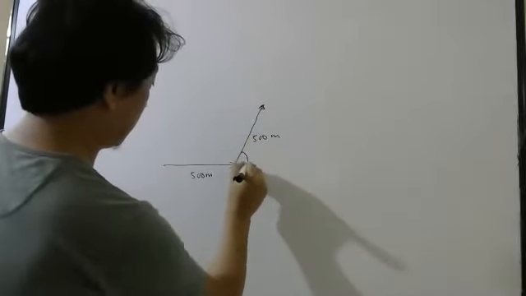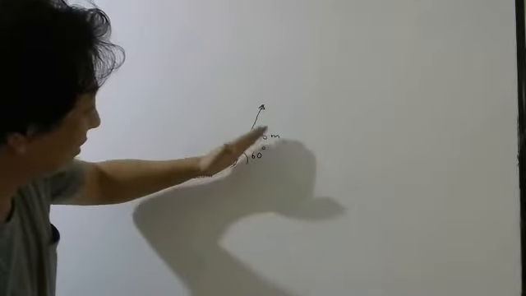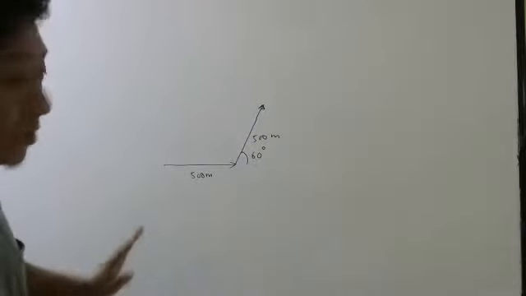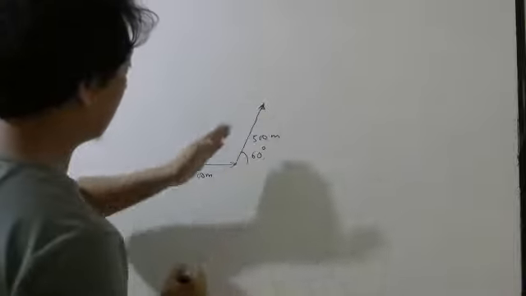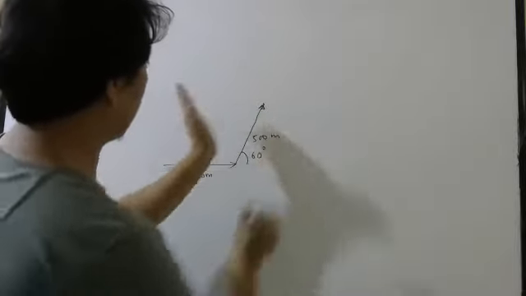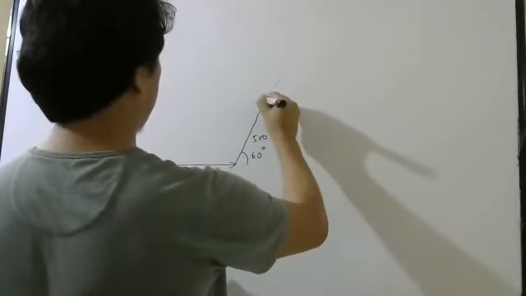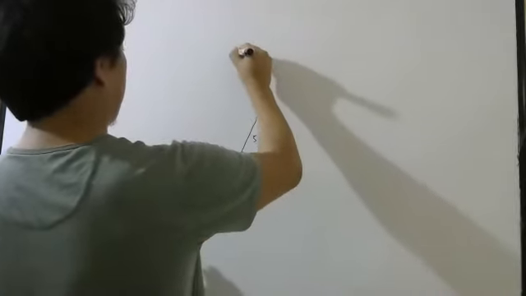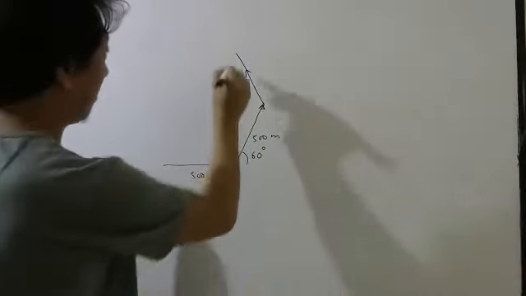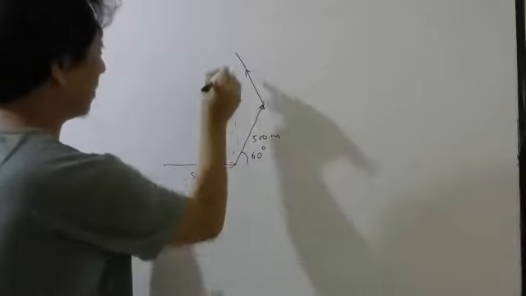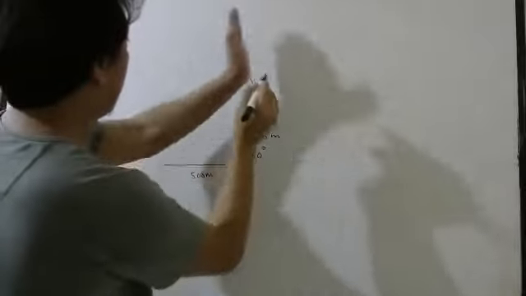Till here understood everyone? Now again after traveling 500 meters, he turns 60 degrees. It may not be perfect, students, but I'm trying my best. Then again he turns left 60 degree.